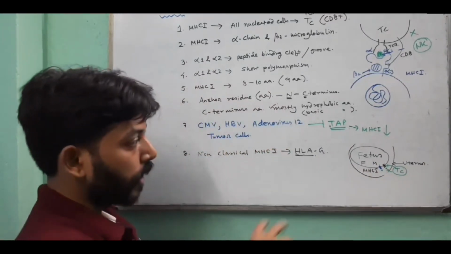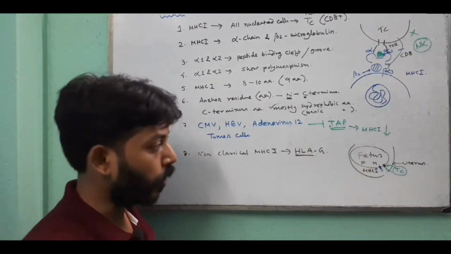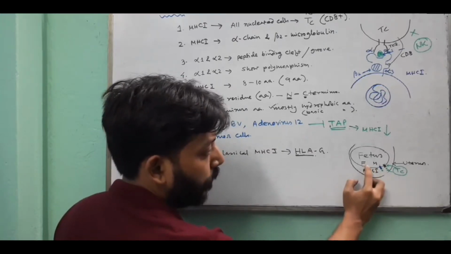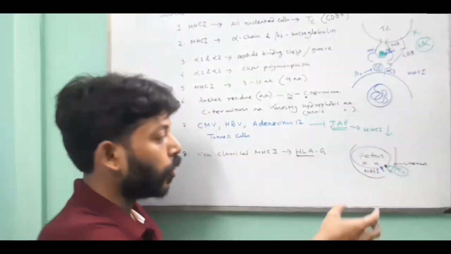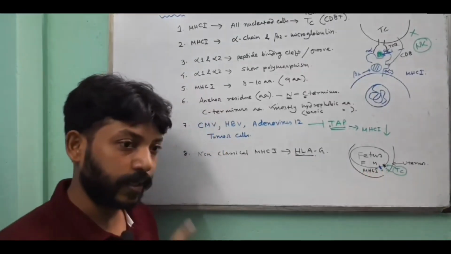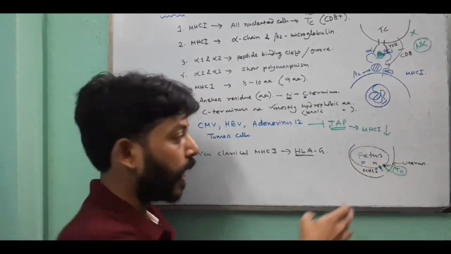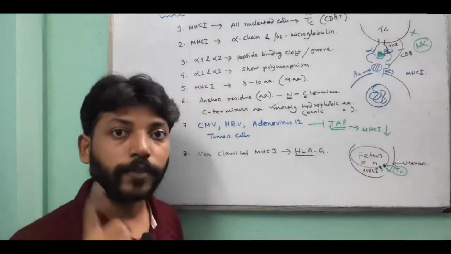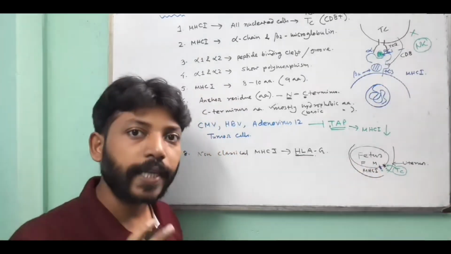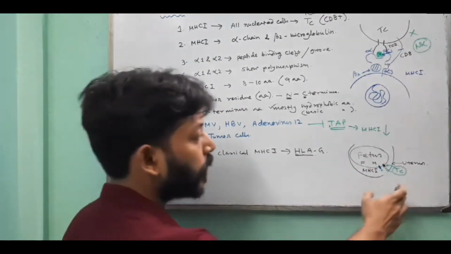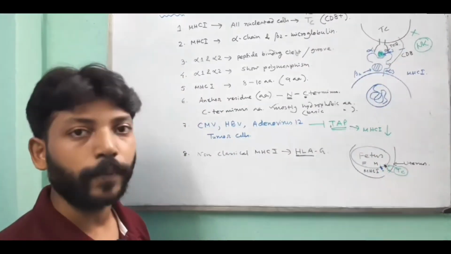So the immune system of the mother can recognize this fetus as foreign, because the protein is coming from the father, but the mother chromosome is presenting the antigen. So the immune system of the mother recognizes the fetus as foreign. Then what happens? The cytotoxic T cell will kill the fetus cells and no fetus can develop.